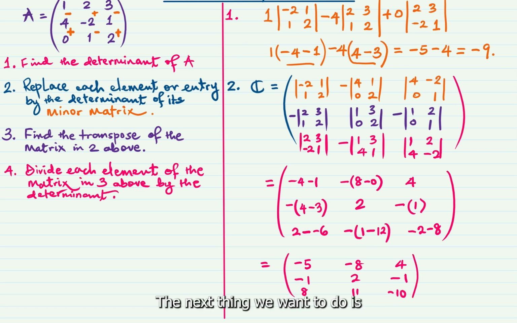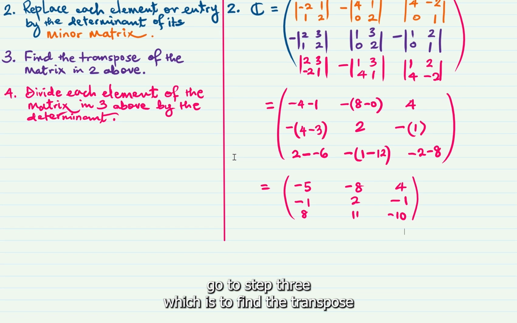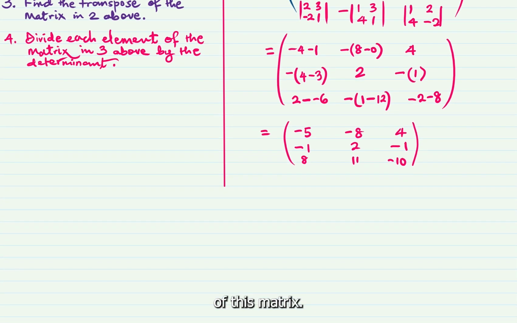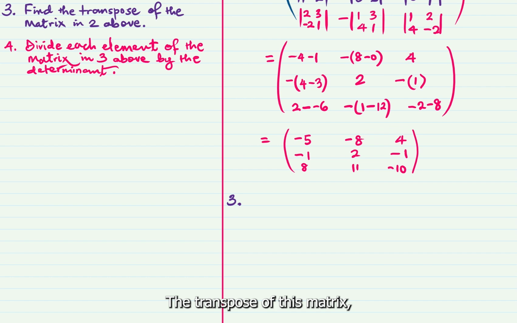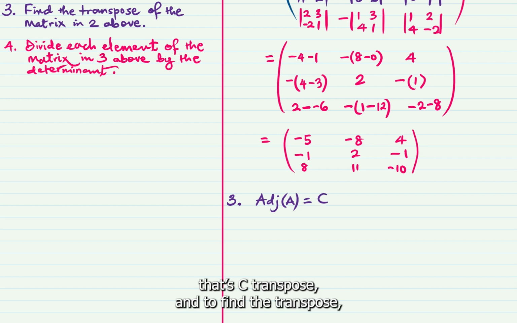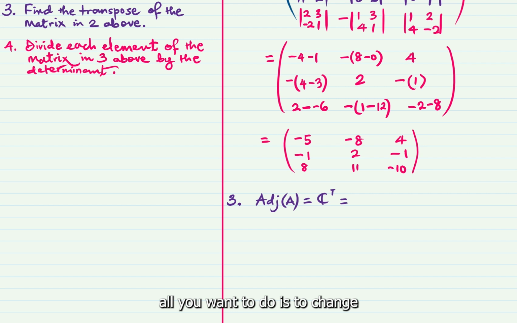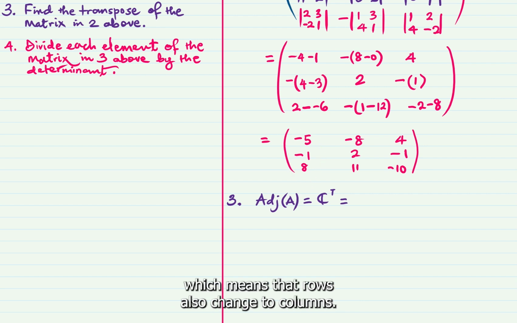The next thing we want to do is to go to step 3, which is to find the transpose of this matrix. The transpose of this matrix is called the adjoint matrix of A. But some people will call it the adjugate of A. That's C transpose. And to find the transpose, all you want to do is to change all the columns into rows, which means that rows also change to columns.